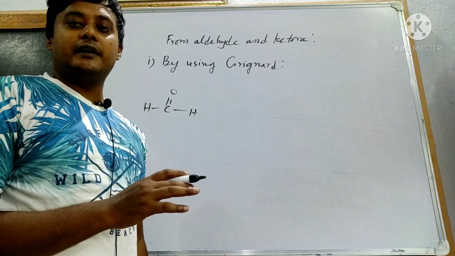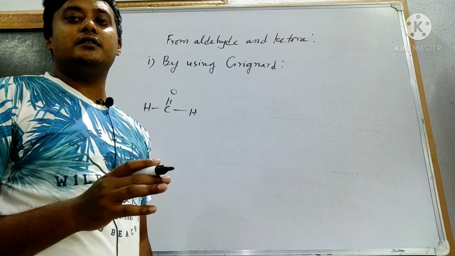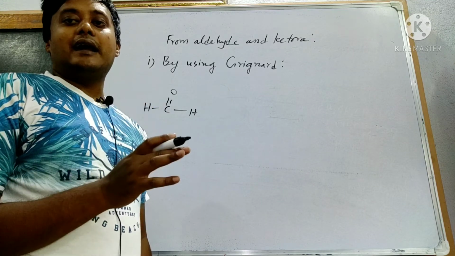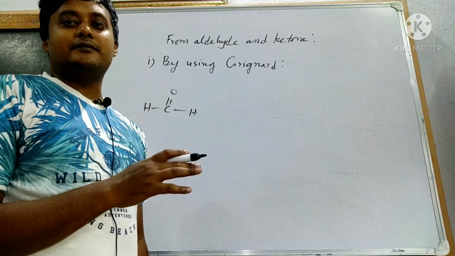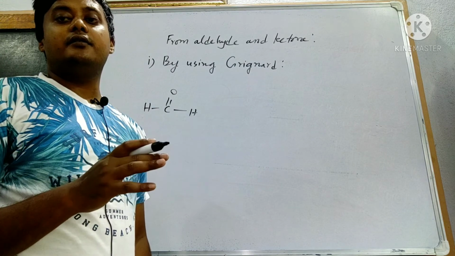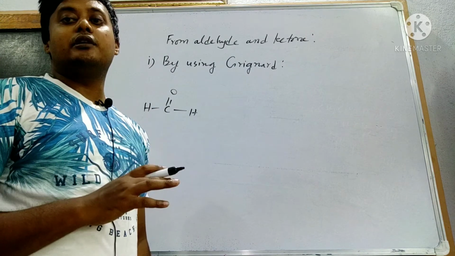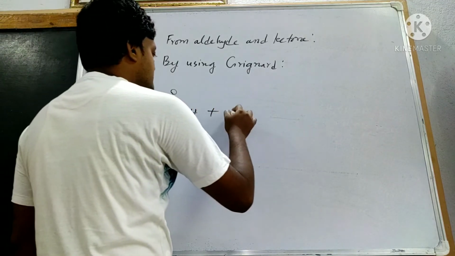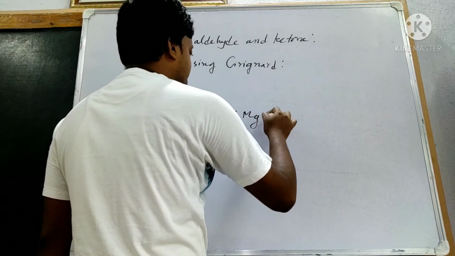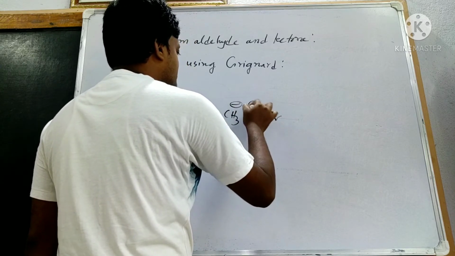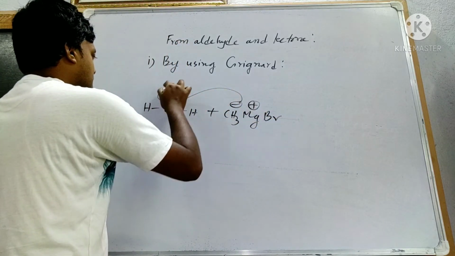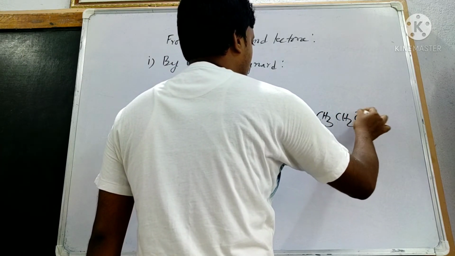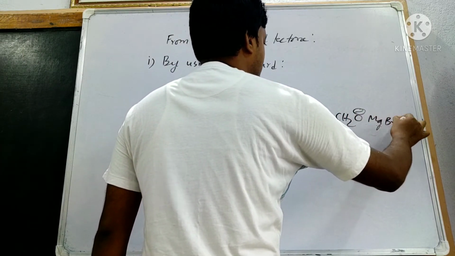So formaldehyde plus CH3MgBr, nucleophilic addition reaction, gives CH3CH2O minus MgBr plus.